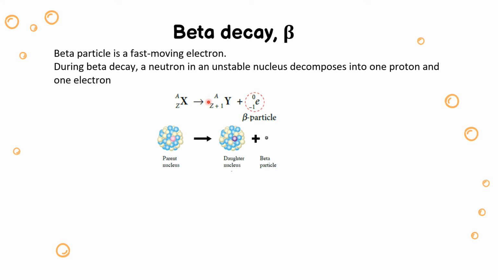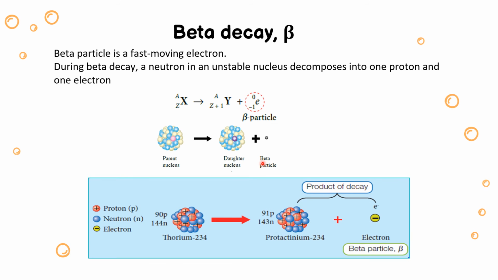The resulting proton remains in the nucleus while the electron is emitted with high kinetic energy as the beta particle. For the example, we have thorium-234. After beta decay, we produce a new element, protactinium-234, and a beta particle, the electron.